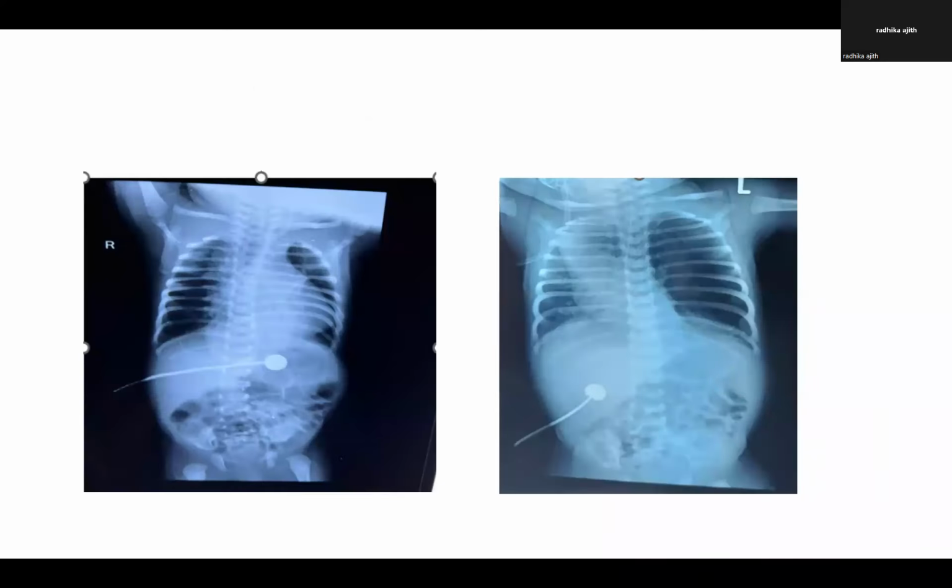Initially we went with the line of the commonly diagnosed congenital pneumothorax, and the other baby presented later on, so we were thinking of bronchiolitis. But when the child did not respond to the conventional management, we had to think out of the box and realize that it was an underlying lung malformation, which was confirmed by CT of the chest.